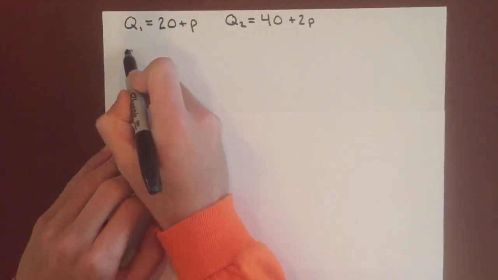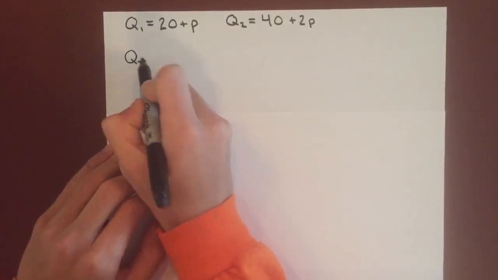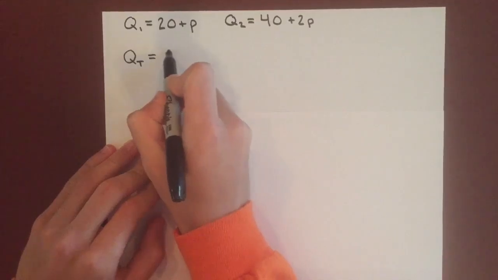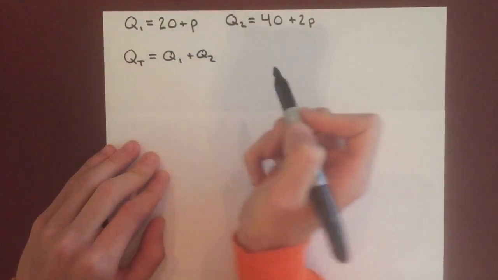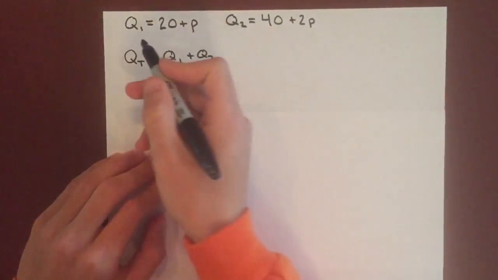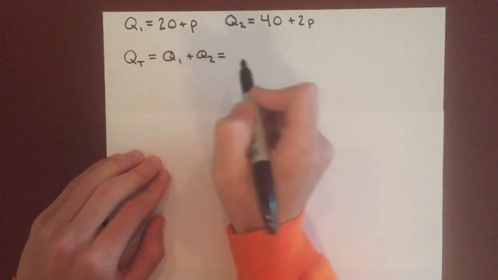So the total Q, let's put T there for total, equals Q1 plus Q2. And in this case, it's very easy. We've already got Q1 and Q2.